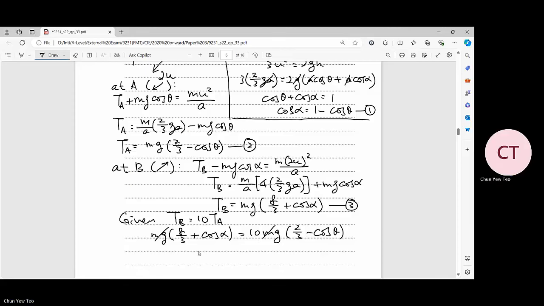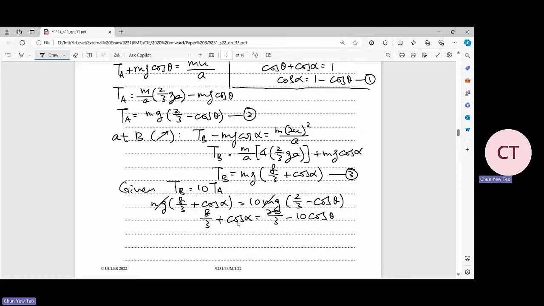Cancel the mg, so you get 8 over 3 plus cos alpha is equal to 20 over 3 minus 10 cos theta. We will make it like this: cos alpha is equal to 4 minus 10 cos theta. That is your equation number 4.